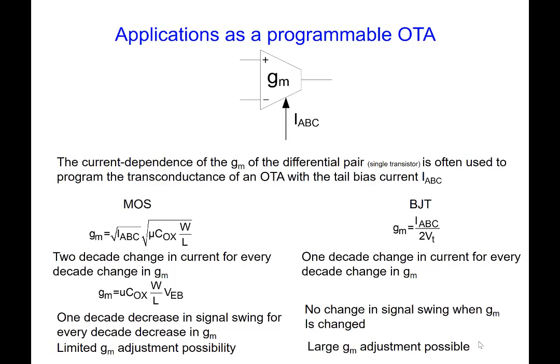So if you look at this OTA here, after it's fabricated, for the MOS device, these will be fixed, and we see that the transconductance varies with the square root of the tail current, IABC. That's called the amplifier bias current. That's usually the tail current of the device.